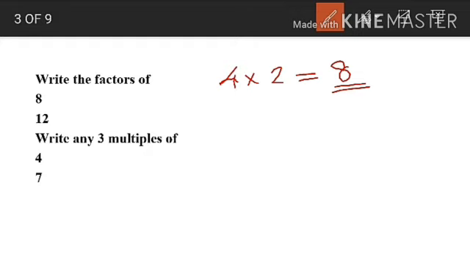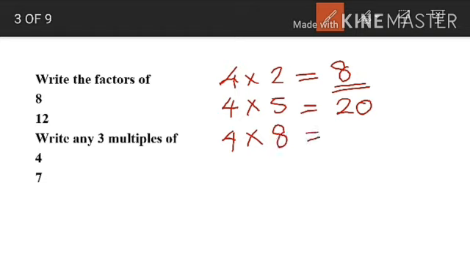Now multiply 4 with another number. 4 into 5 is 20. So 20 is also a multiple of 4. 4 into 8, 4 eights are 32. So 32 is a multiple of 4.